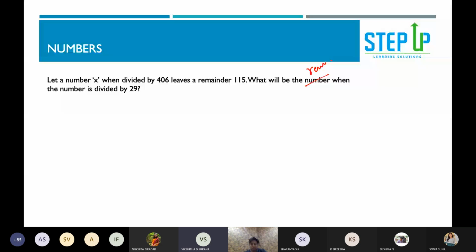Your voice is breaking, sir. I'm saying let a number x, when divided by 406, leave a remainder 115. There is a certain number which you don't know, but when you divide it by 406, you get the remainder 115. What will be the remainder when the number is divided by 29? Can you give me the answer?